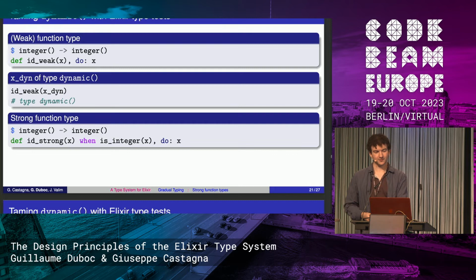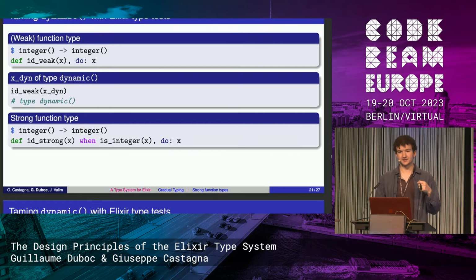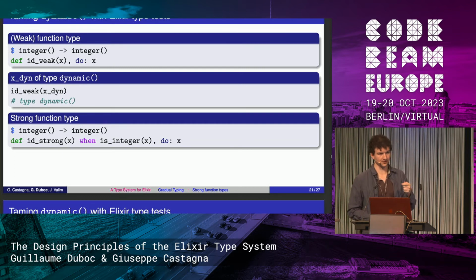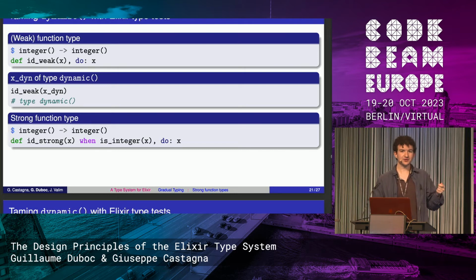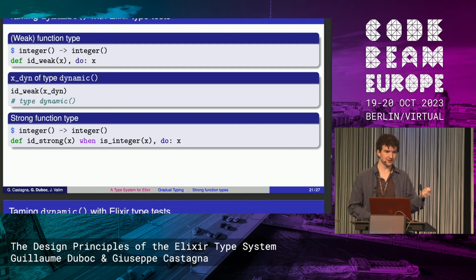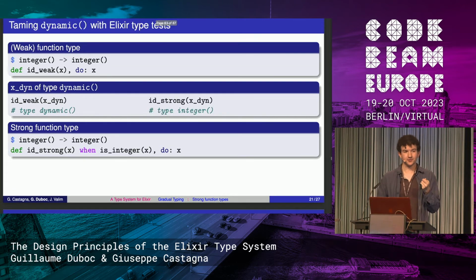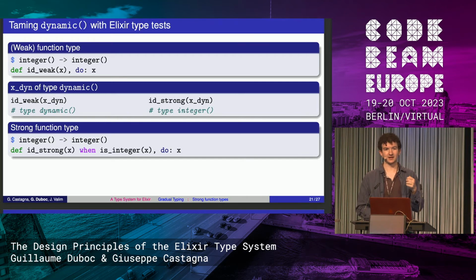However, you can see the difference with this second function, idStrong. This function has the strong function type integer to integer, because if you give it an input that is outside of its domain integer, it's going to error. So now you can say that idStrong applied to xDynamic has type integer.